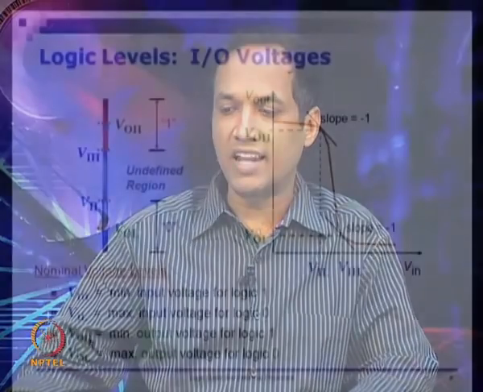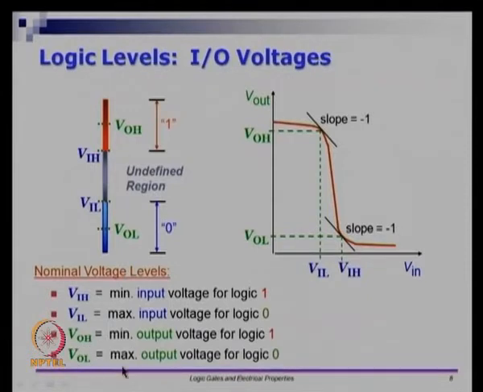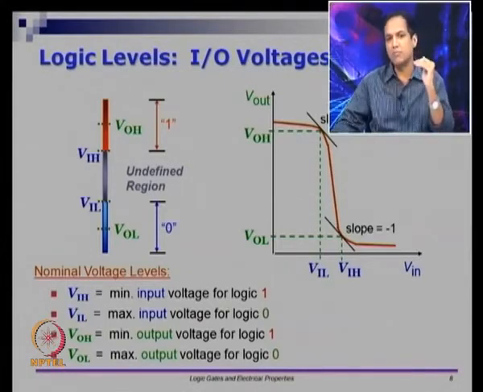We are going to have 4 voltage levels that I want to explicitly identify. They are VIH, VIL, VOH and VOL. These are not 1 and 0, these are VIH and VIL and VOH and VOL. VIH is the minimum input voltage for logic 1. So if I am going to give 1 to a circuit, then I have to give at least some input voltage for this voltage level to be recognized as a 1.